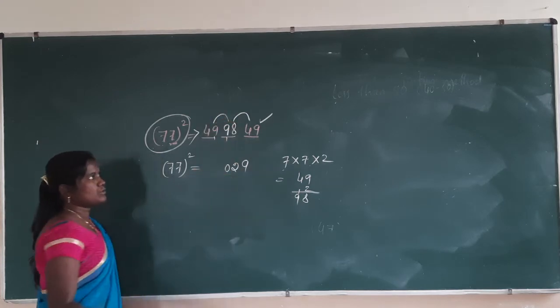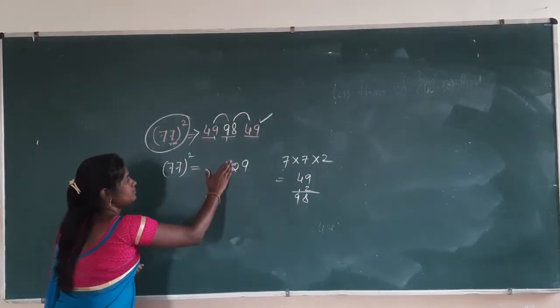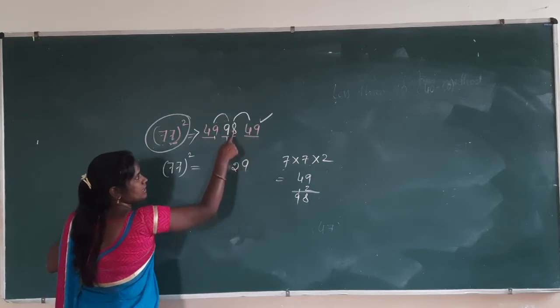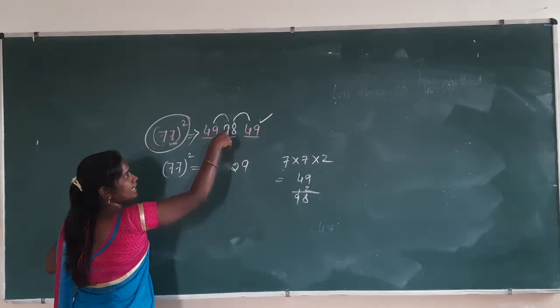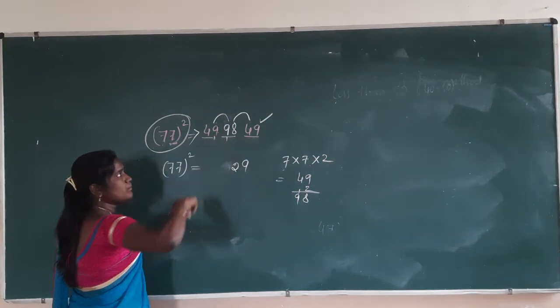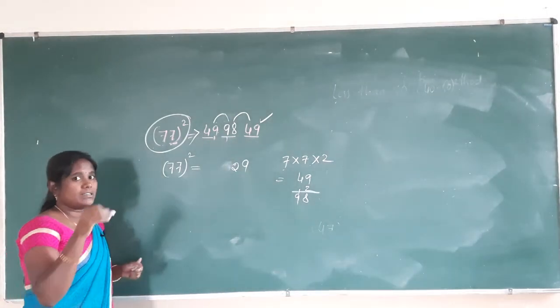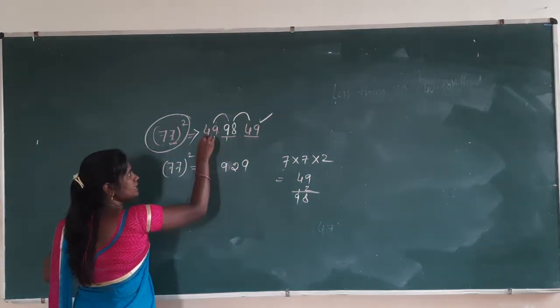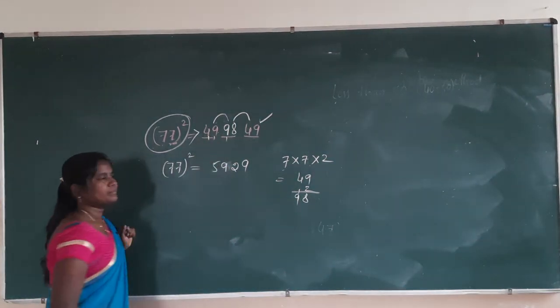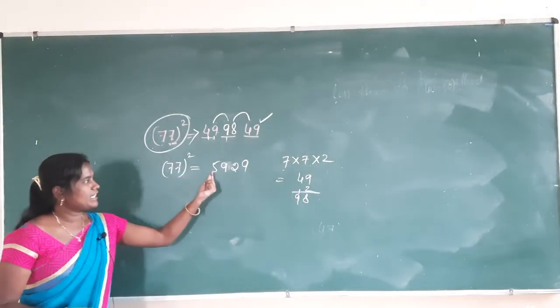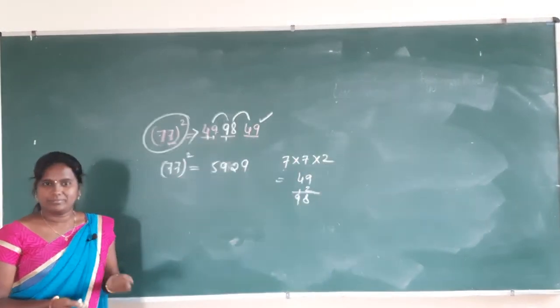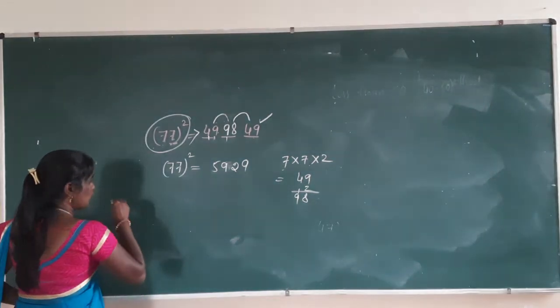Now you have to add these. 9 as it is, 8 plus 4 is 12, 1 carry. 9 plus 1 is 10, 10 plus 9 is 19. 4 plus 1 is 5. So, the square of 77 is 5929.